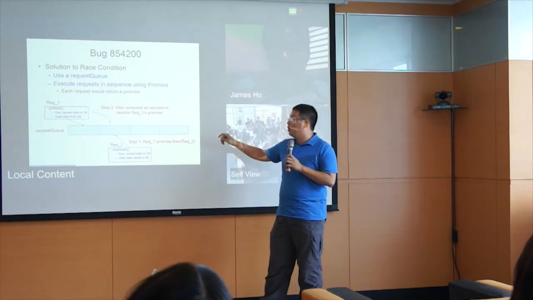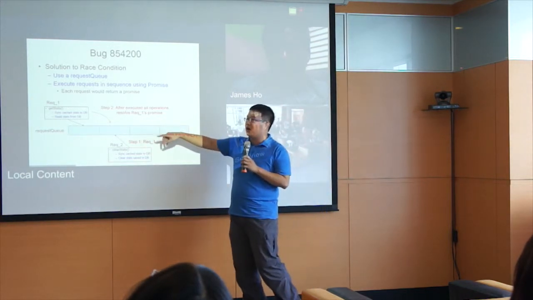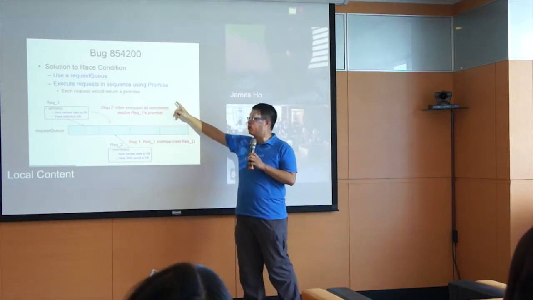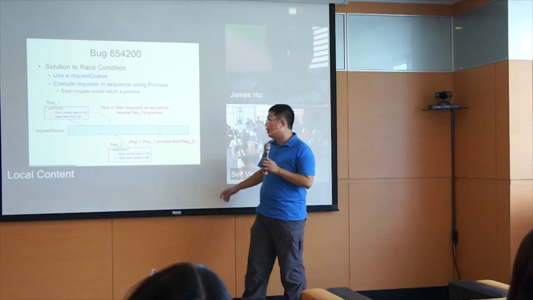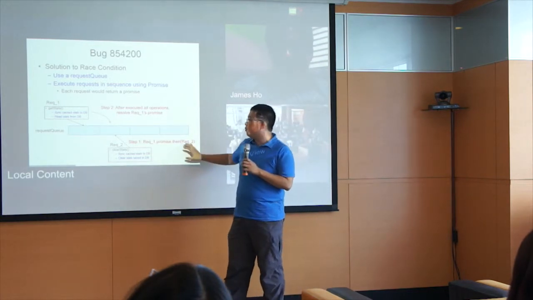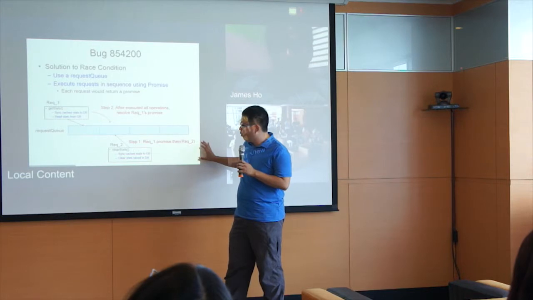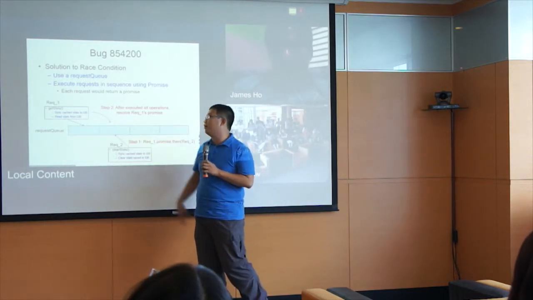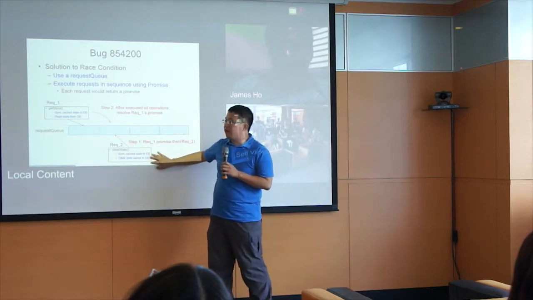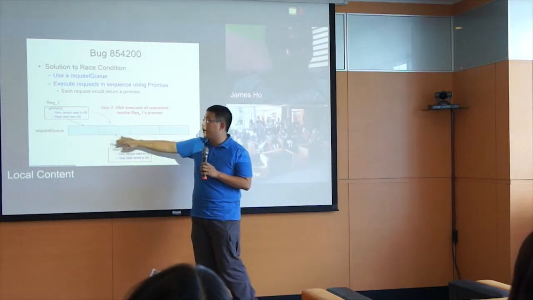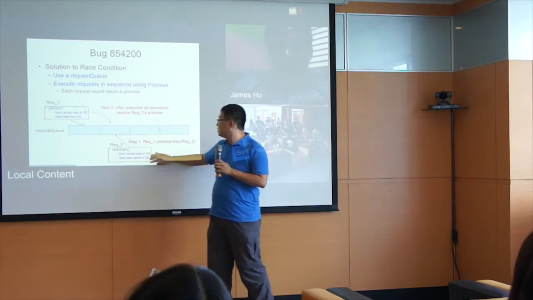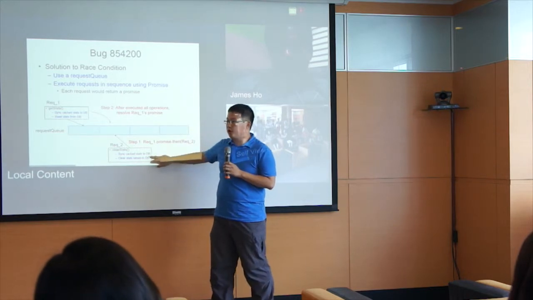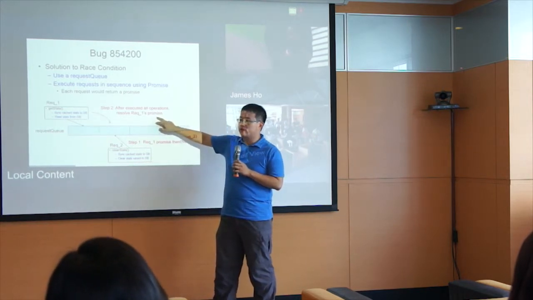When the operation in get states is executed, this promise will be resolved. The tricky thing is that when I have a second request, I push it to the request queue, and this request will find its previous request and set up its first operation as the resolve function of that promise.